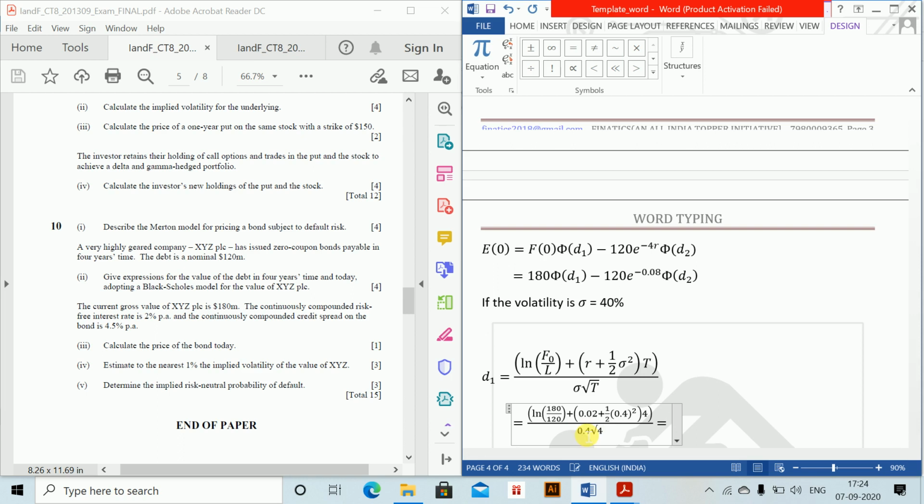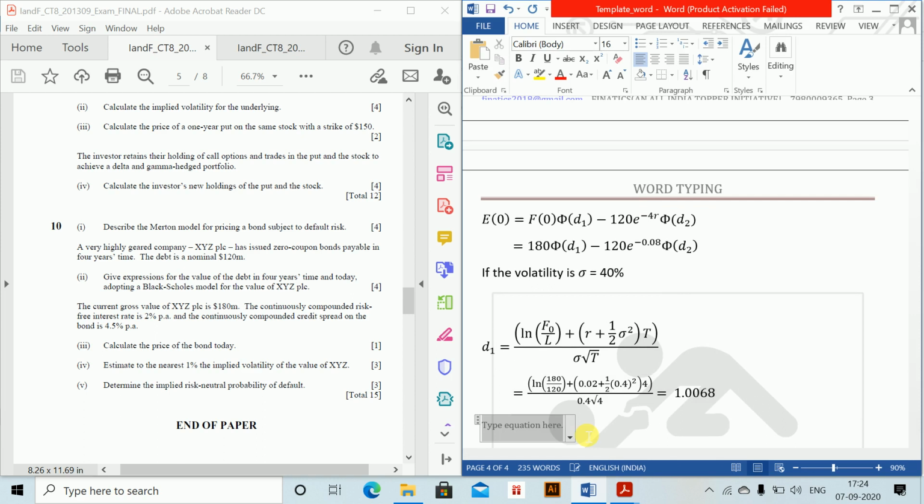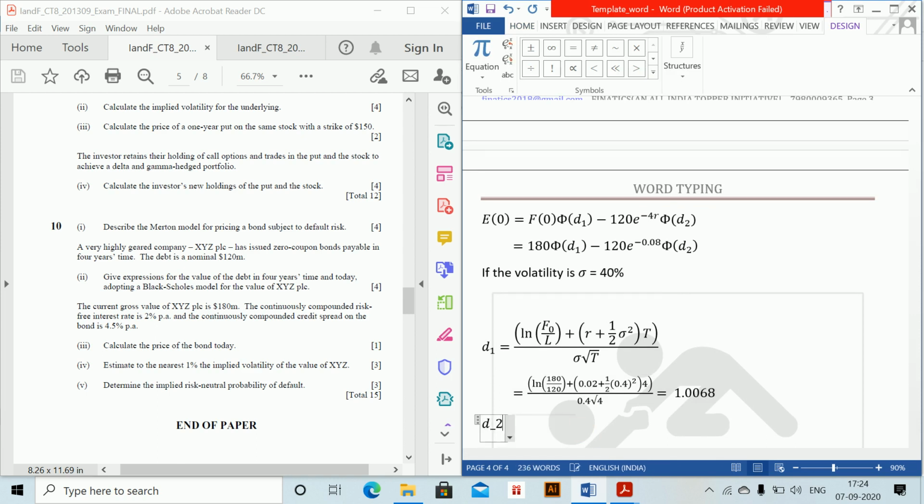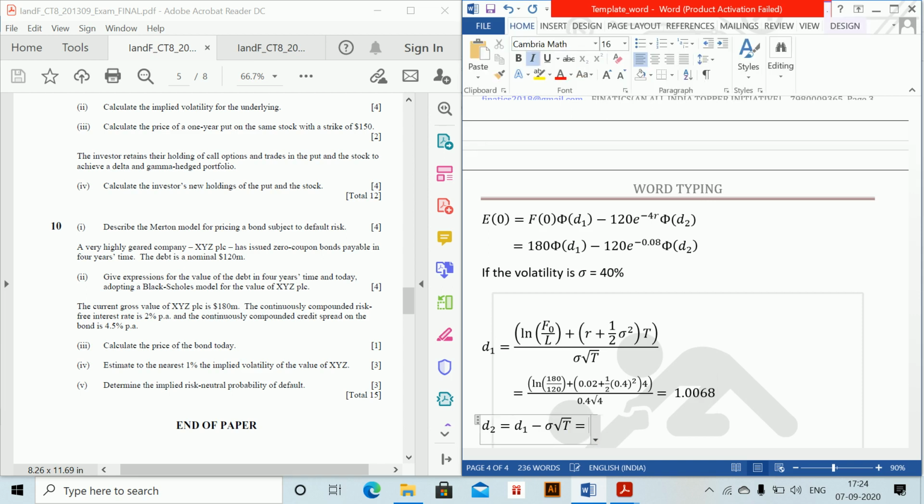So this calculates to 1.0068, and then d2 is equal to d1 minus sigma root T, which is 1.0068 minus 0.4 root 4, equal to 0.2068.